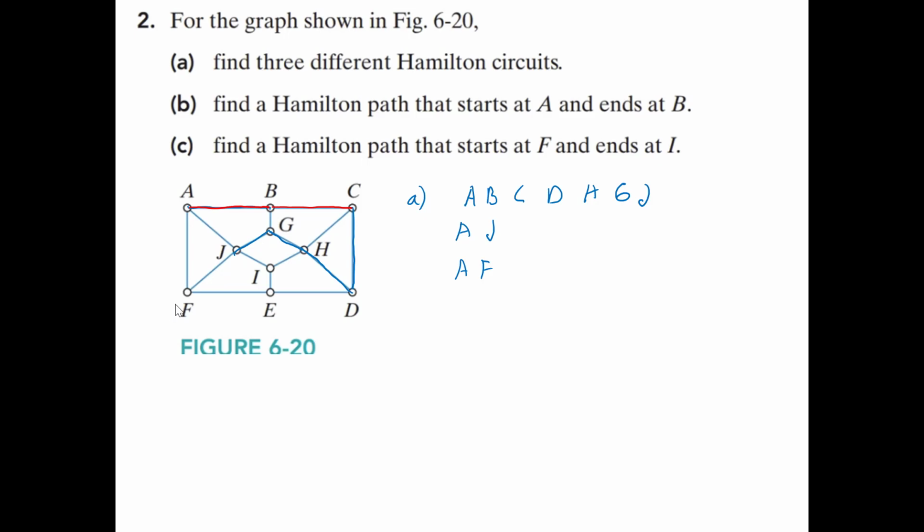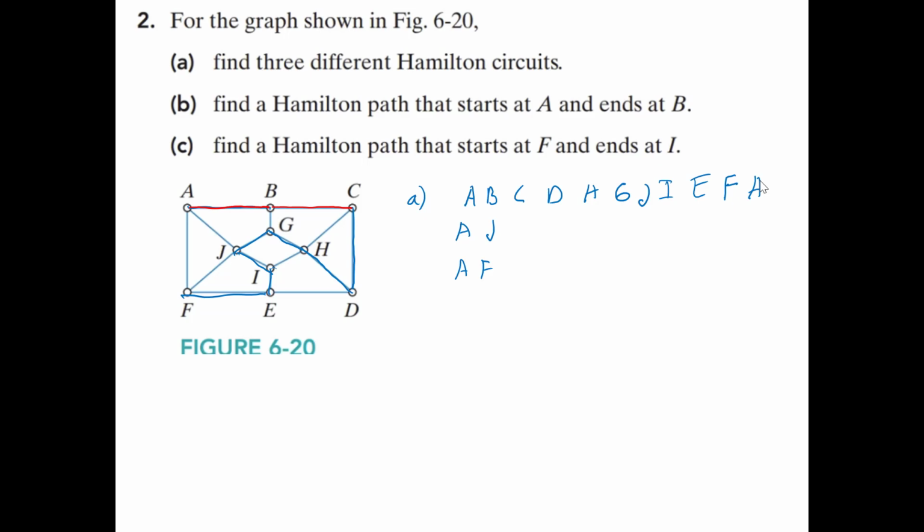I can't go to F because if I do that, then I'll have to come back to J. So instead, I go to I, and then E, and then F, and then A. Okay, so that's a Hamilton circuit.